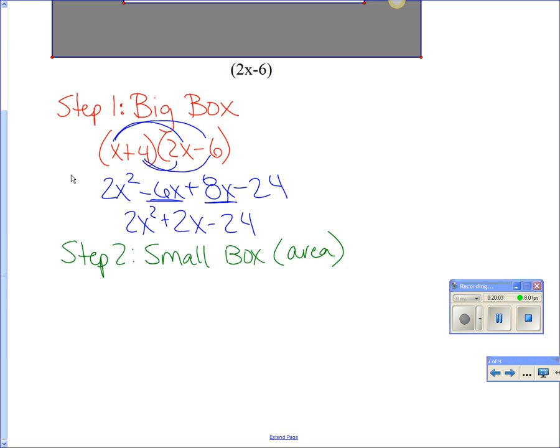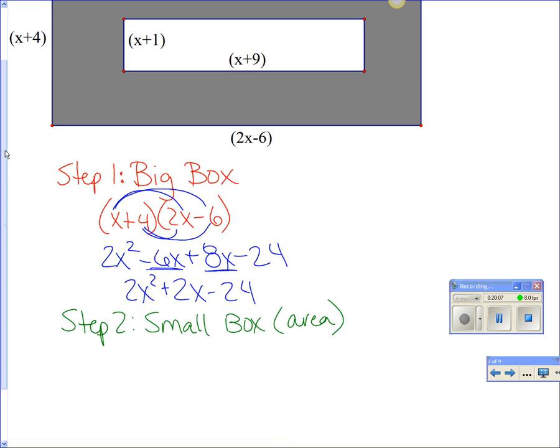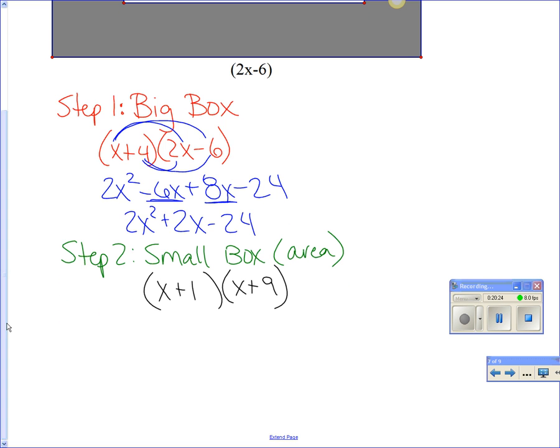All right, let me pull the picture back down. All right, so the small box, what's in the first parentheses? Good, and what's in the next one? Good. Okay, so the small box, again, we're multiplying those for the area. Okay. All right, x times x.